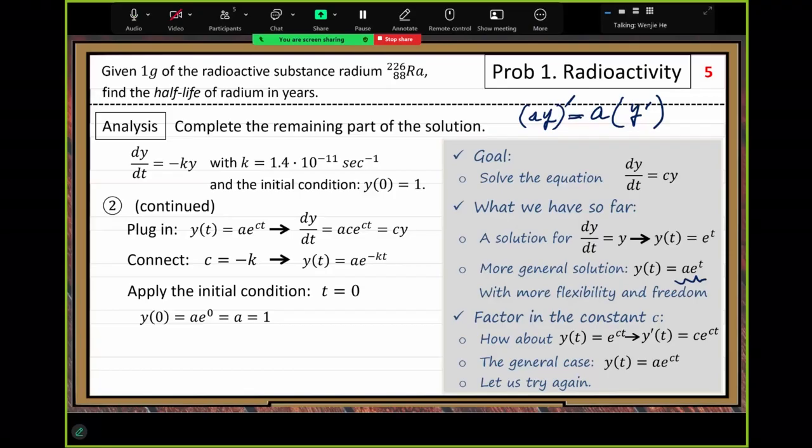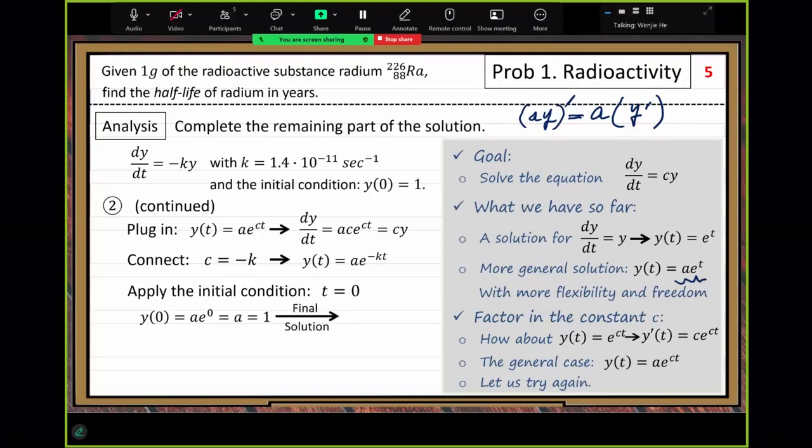If the initial radium amount is 2.5, then your a becomes 2.5, right? So you can change your a to match the given initial condition. That's a good thing, right? If you don't have the flexibility, then you get stuck.